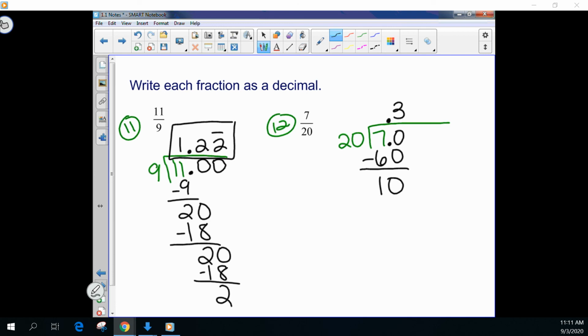So I need to put in another 0 and carry it down. 20 goes into 100 5 times. 20 times 5 is 100. So you have a remainder of 0. So your answer would be 0.35.